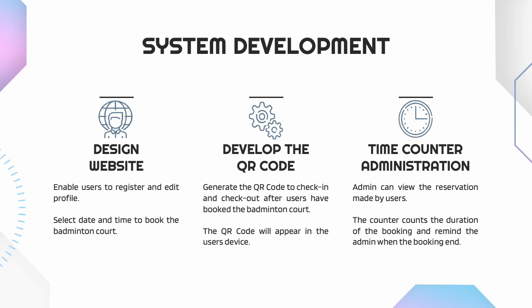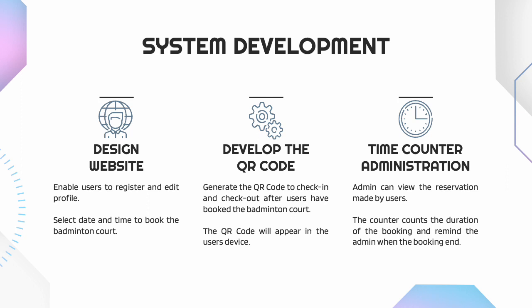Design website means that we do some process to prepare for the system, such as we create the PHP pages, and then we set up the database, etc. The main thing is to prepare for the user, to enable them to register and edit the profile, and then we make some system to allow people to select the date and book the facility, etc.